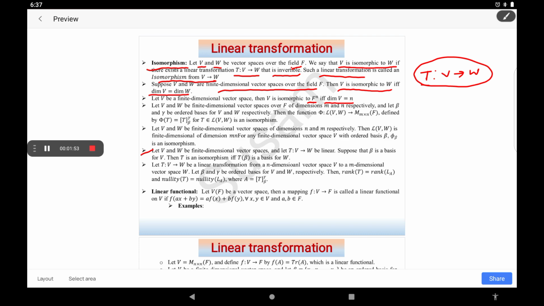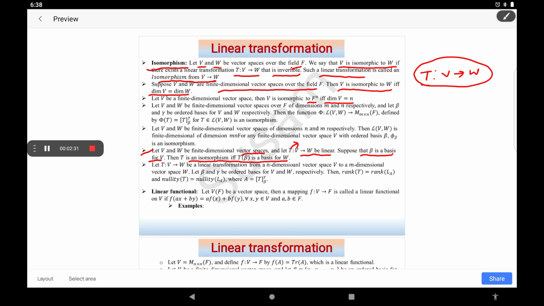Now another one like this. Let V and W be finite dimensional vector spaces, and T be a linear transformation. In that case, T is not yet an isomorphism, as we don't know whether T is invertible or not. Suppose that beta is a basis for V. This kind of basis I have told you in my first or second lecture. Then T is an isomorphism if and only if T of beta is a basis for W. Think of my previous lecture.